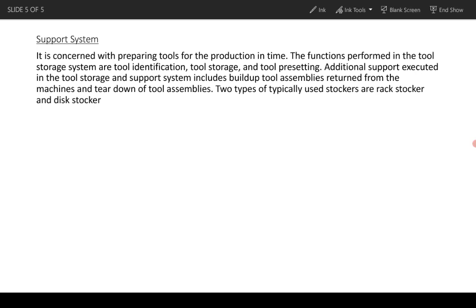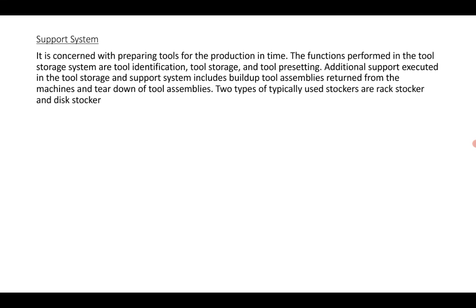The support system, as we said in the previous slides, is concerned with preparing tools for production in time. The functions performed in the tool storage system are tool identification, tool storage, tool presetting, etc. Additional support executed in the tool storage and support system includes build up of tool assemblies, return from the machines, and tear down of tool assemblies.